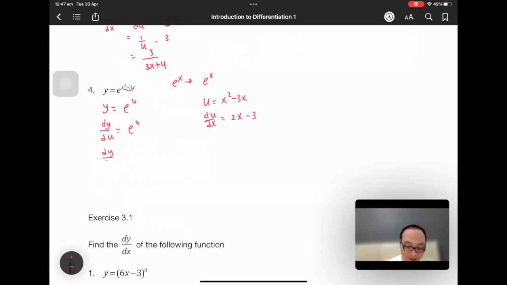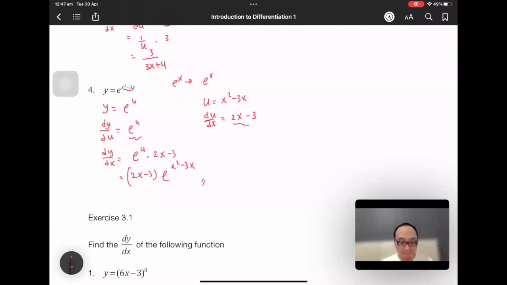So dy dx is dy du, here e to the power of u, times du dx, so 2x minus 3. So it's 2x minus 3 times e to the power of x squared minus 3x.